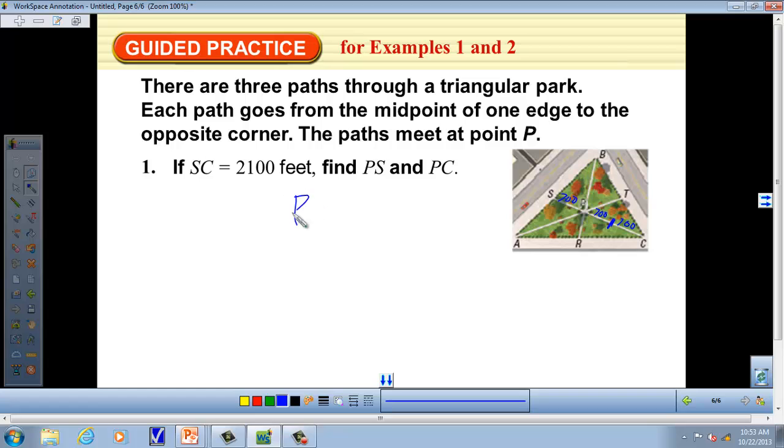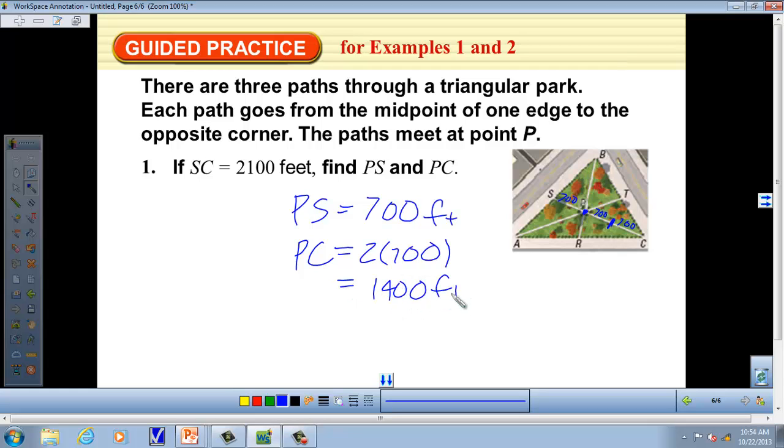So if I want to know PS, from the centroid out to here, that's 700 feet. And we also want to know PC, from the centroid out to here. That's going to be 2 times 700, or 1400 feet.